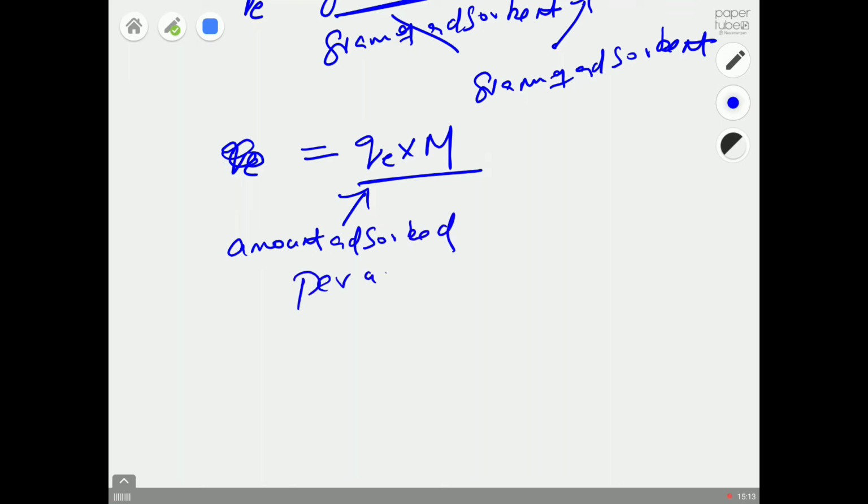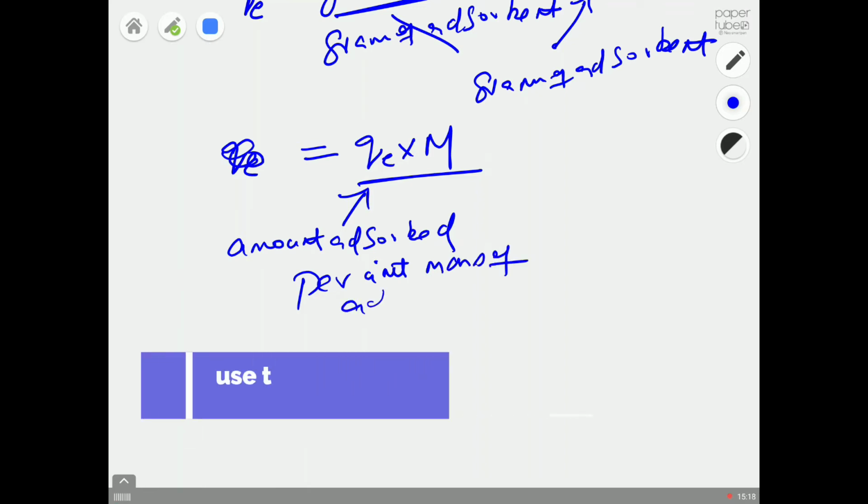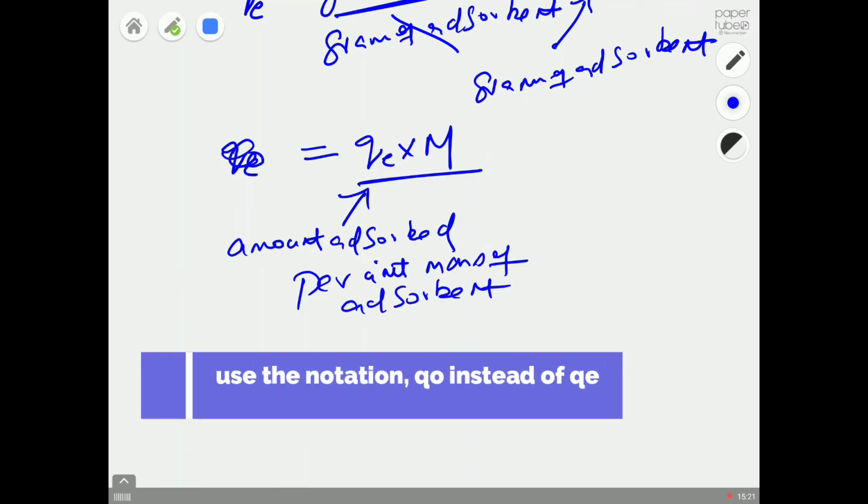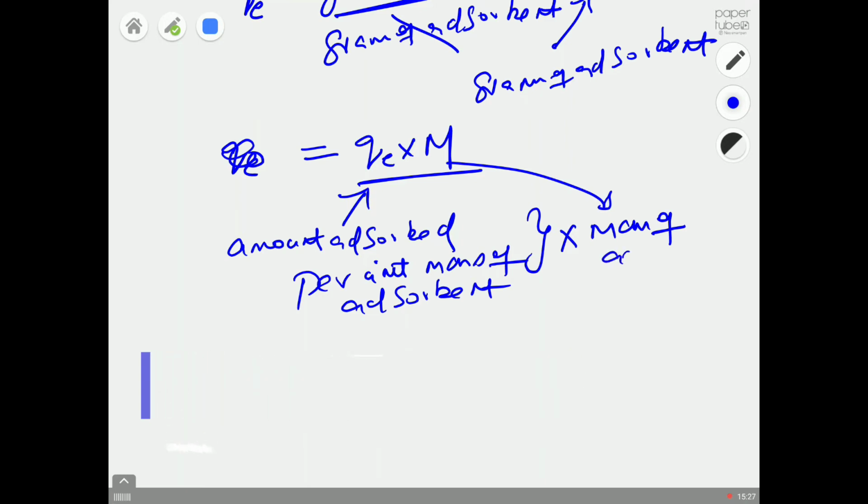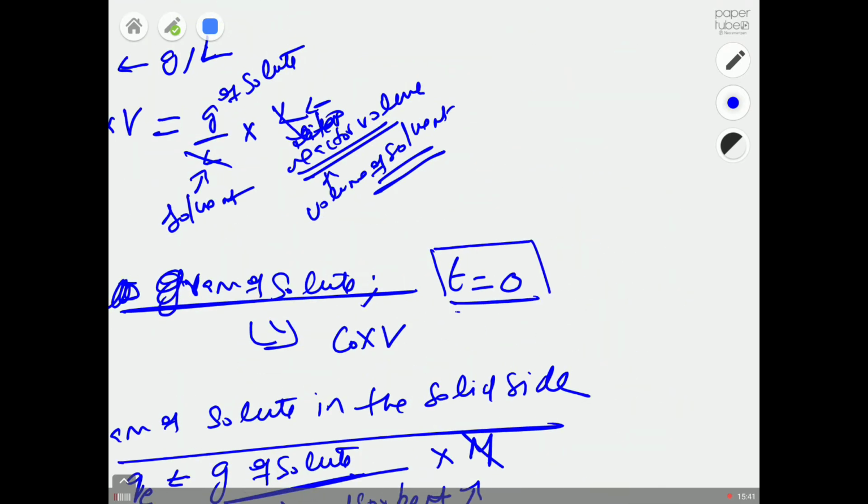I hope you all can follow this one. So this is the condition at time t equal to 0.